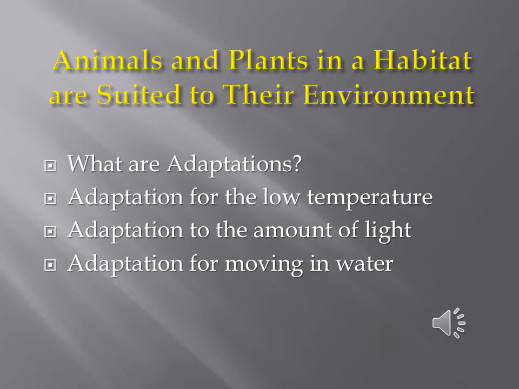Adaptation is a way an animal's body helps it survive or live in its environment. Animals have learned to adapt or change so that they can survive in the desert.